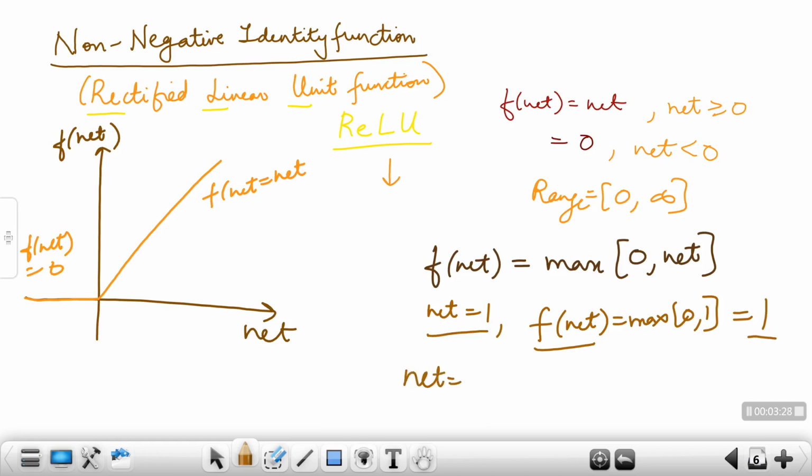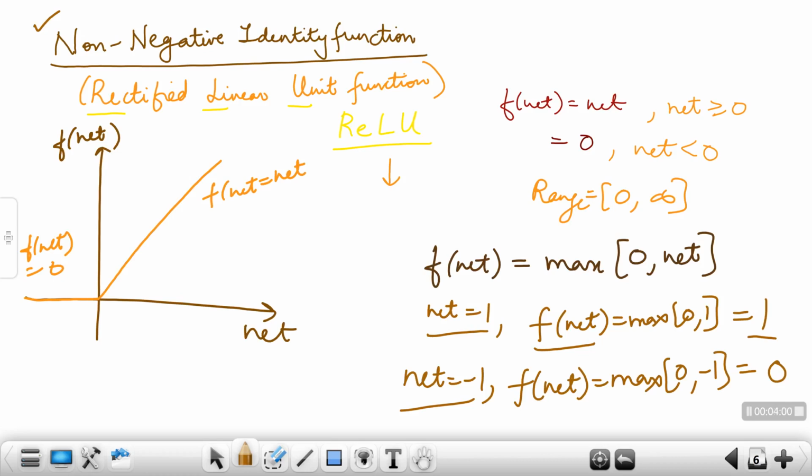If we take net equal to minus 1, f of net will be maximum of 0, minus 1, which is 0. Because net was negative, the answer is 0. As the name suggests, it is a non-negative identity function. If any negative value comes, the answer will be 0, so the output is never negative.